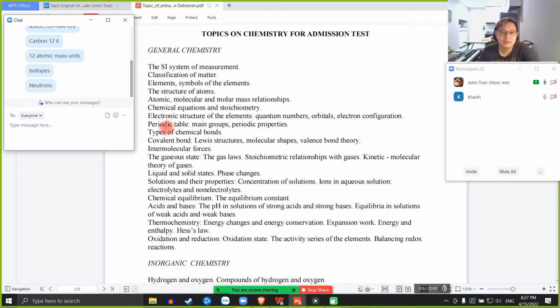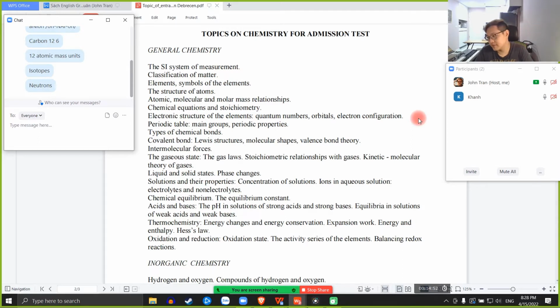Now, let's talk about quantum numbers, orbitals, and electron configurations, the electronic structure of the elements. Can you talk about these things, please? First, orbitals. Orbitals in chemistry are wave functions that describe the characteristics of no more than 2 electrons in the vicinity of the atomic nucleus.